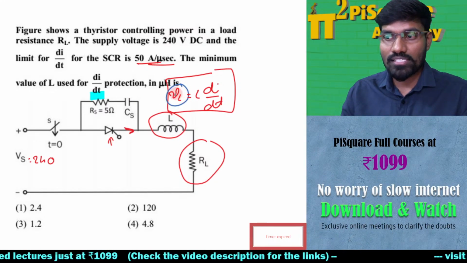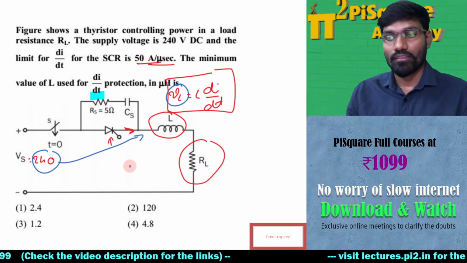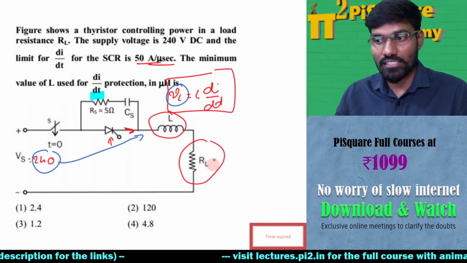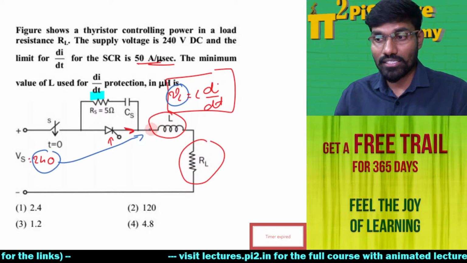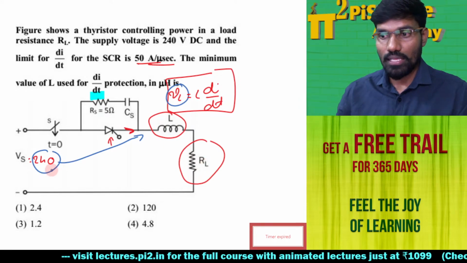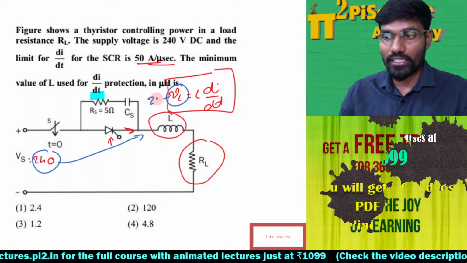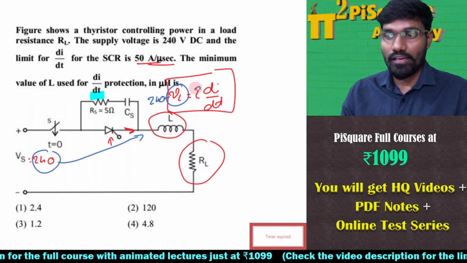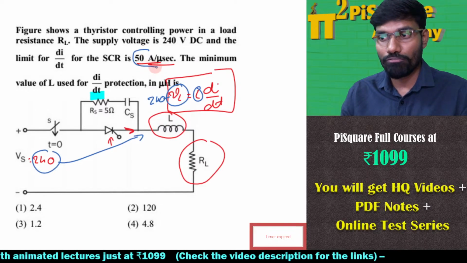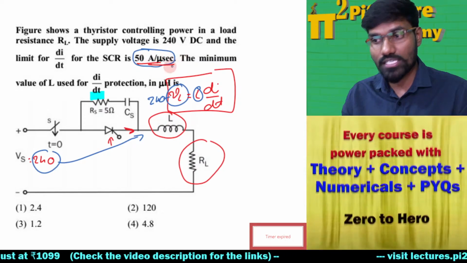Now the voltage across the inductor: the moment the switch is closed, 240 volts will appear across it. You may ask, sir, we have a resistance here, won't there be a drop? No, there won't be any drop, because the inductor will not allow sudden changes in current, it acts as an open circuit. The drop across the resistor is 0, and the entire 240 volts appears across the inductor. L is not known, and we should restrict di/dt to 50 ampere per microsecond.